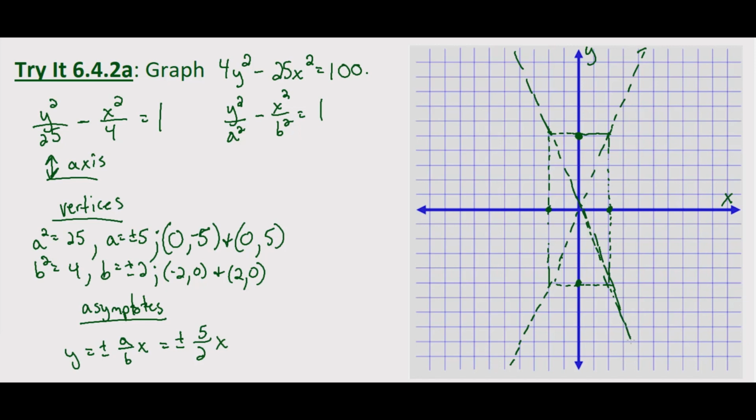A little off there at first. All right, so now we know it opens up and down. So we just go to our vertices, and then we show the hyperbola infinitely approaching those asymptotes. Don't forget the arrows on the end to indicate that end behavior.